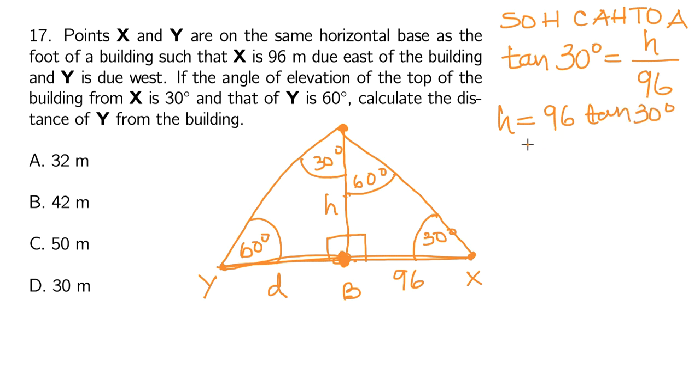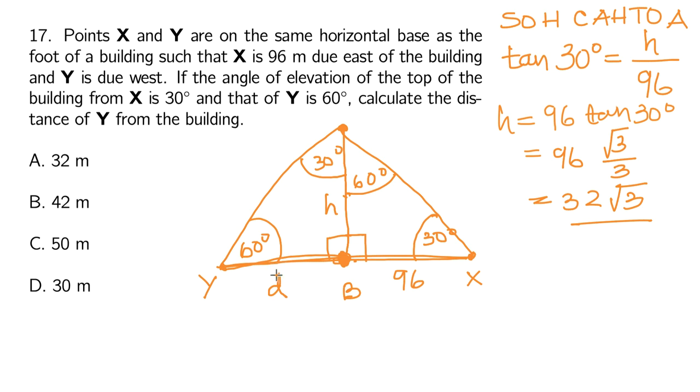And we know that tan 30 degrees is the square root of 3 over 3. So we have 96 times the square root of 3 over 3, which is equal to 32 times the square root of 3. So that is H.